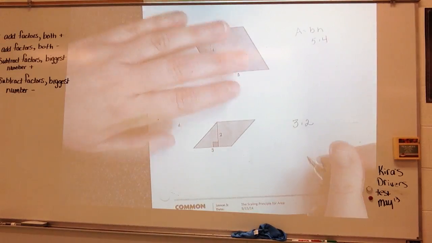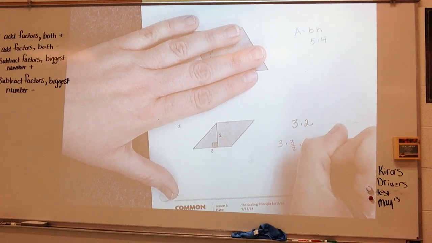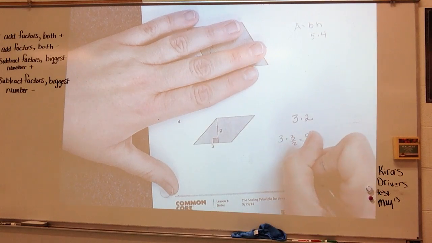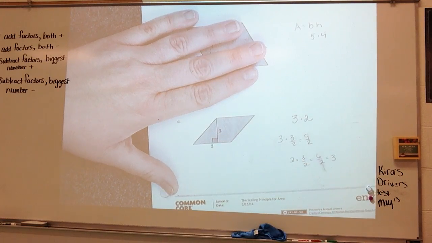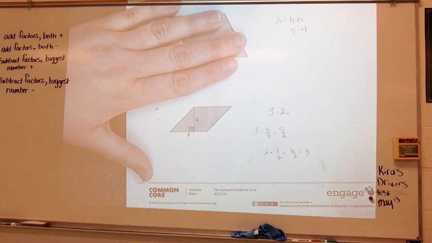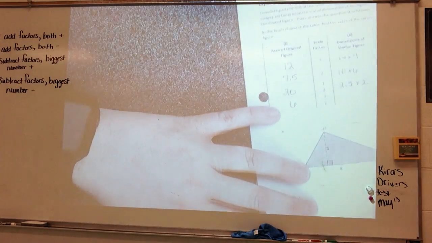So I have to multiply 3 times 3/2, which would give us 9/2. And then 2 times 3/2 would give us 6/2, which is 3. Alright? So I've got 4.5 by 3.